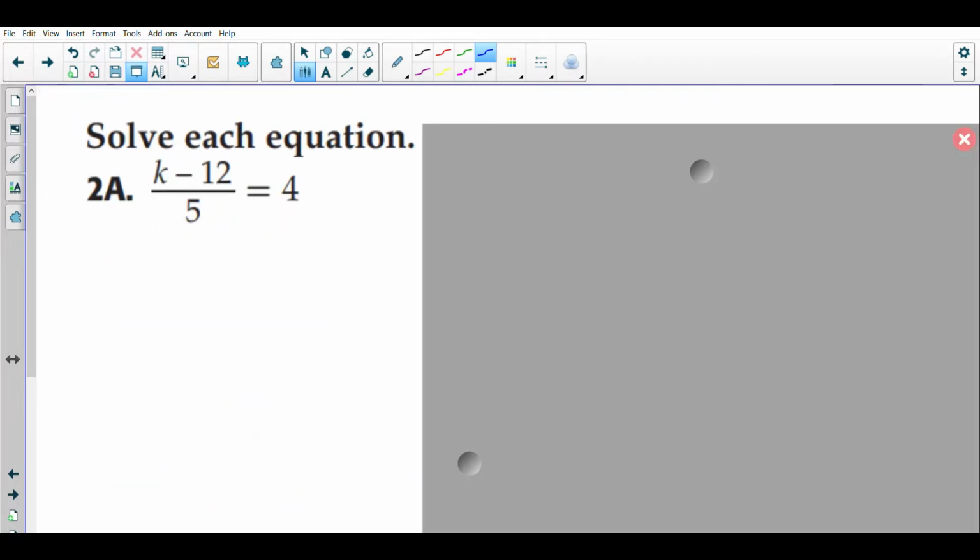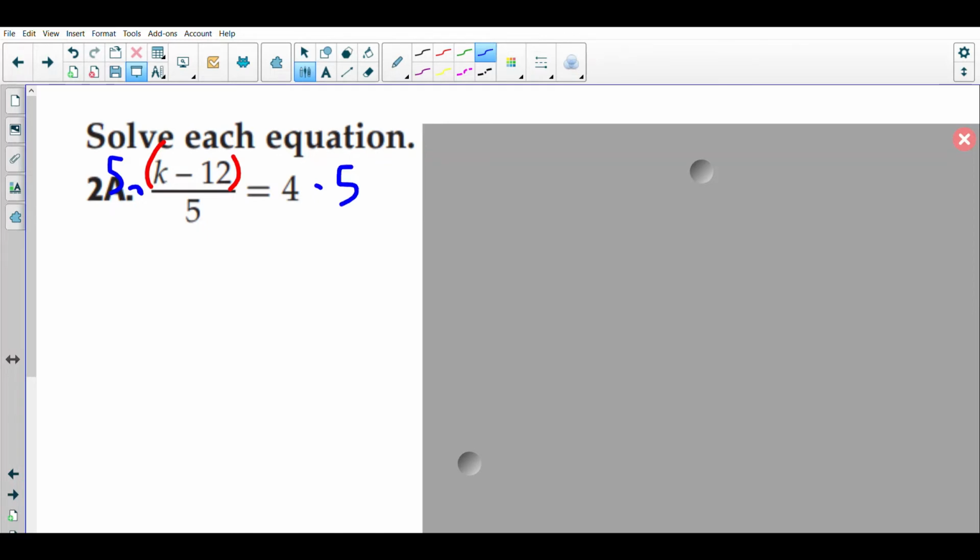Now we have a different type of looking problem: k minus 12 all over 5 is equal to 4. Remember, in previous sections we talked about how that big division bar actually has implied parentheses. So you have to get rid of everything on the outside of the parentheses first. The first thing we need to get rid of is that divide by 5, so we multiply by 5, and what we do to one side, we do to the other.